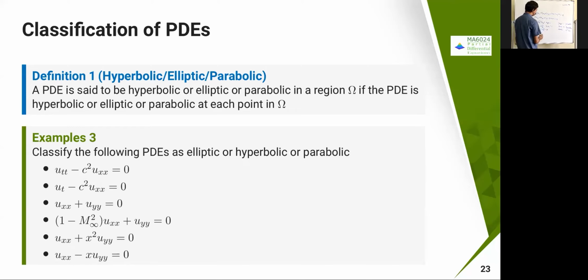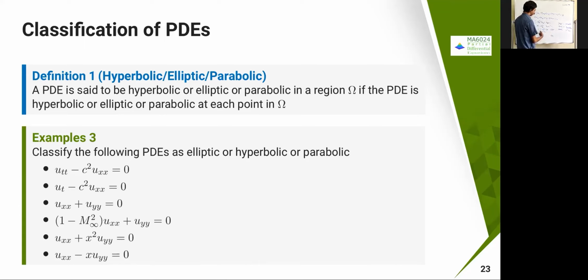So if it is less than 0, what do I get? That is elliptic. So in that case 1 minus M infinity square is less than 0 for the discriminant, meaning 1 minus M infinity square is greater than 0. Bringing M infinity over, if M infinity is less than 1, it is going to become elliptic. Now if 1 minus M infinity square is less than 0, that is going to become hyperbolic.